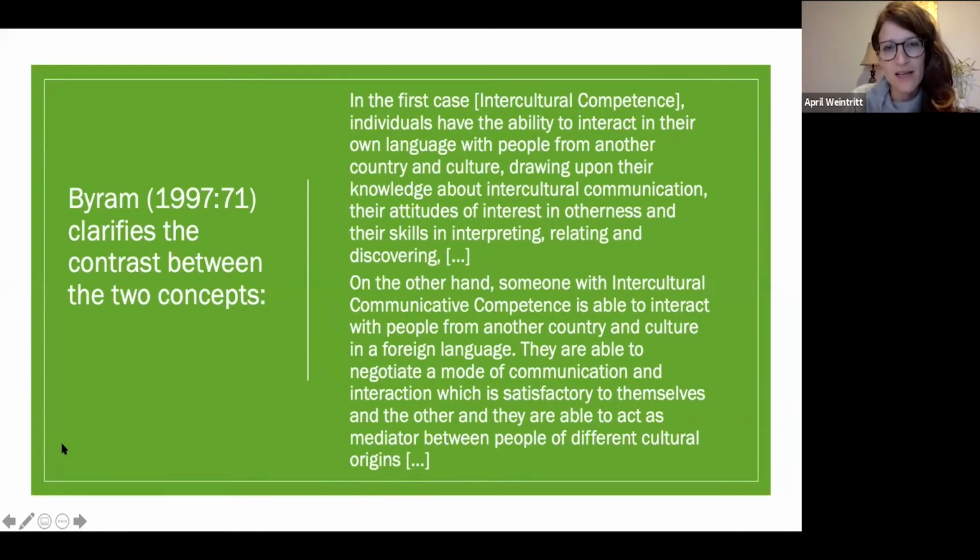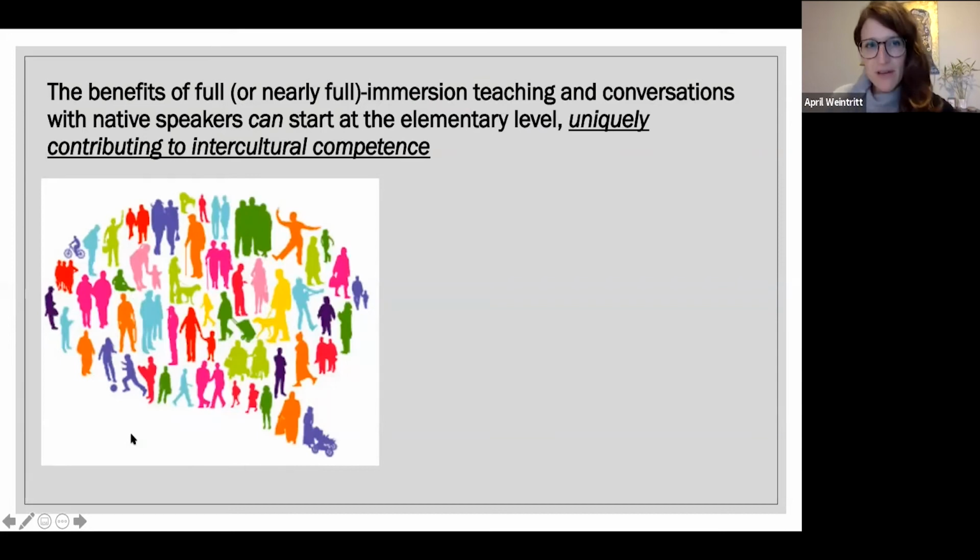So let's go forward a second and let's talk about those. What Janice has just ended on is where we're going to keep thinking about the benefits of full or nearly full, 90% full immersion teaching and conversations with native speakers starting at the elementary level. For us, it's huge. It's crucial that it starts at the elementary level.